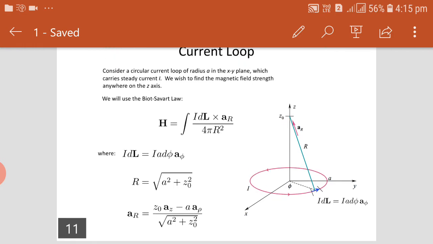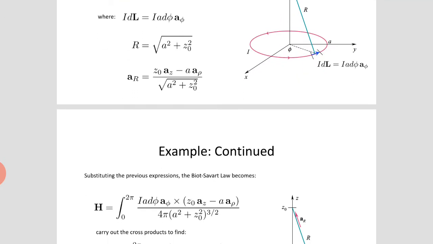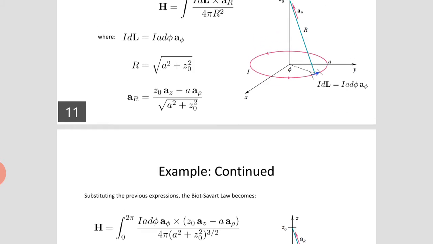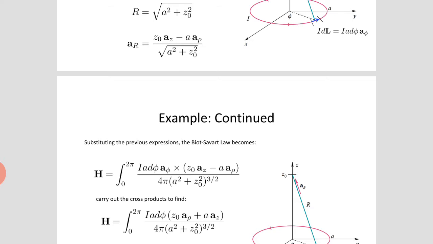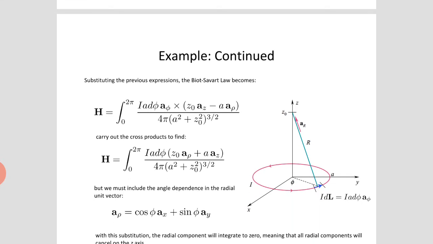Now what is the unit vector aR? Unit vector aR is z naught az minus a a rho divided by root of a square plus z naught square. So the example will be continued.